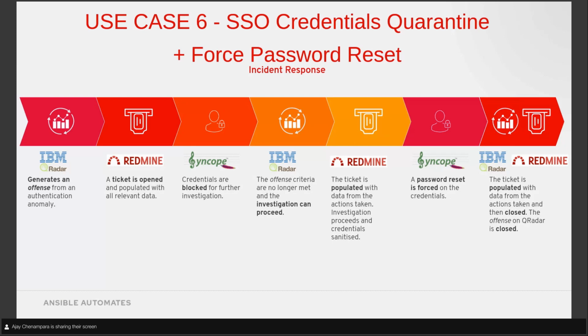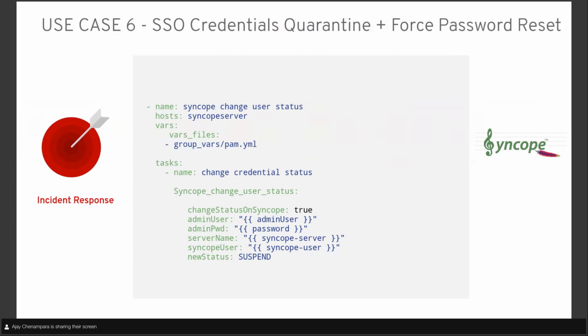And then once the password is reset, finally unblock that particular account. So that's the normal process. Again, using an Ansible playbook, this becomes a simple matter of writing a playbook to go and change the password or go and suspend the user on the given IDM endpoint.